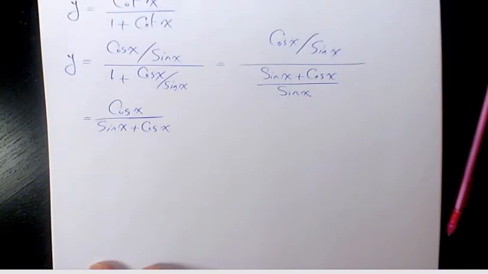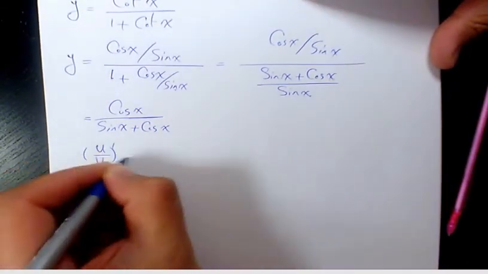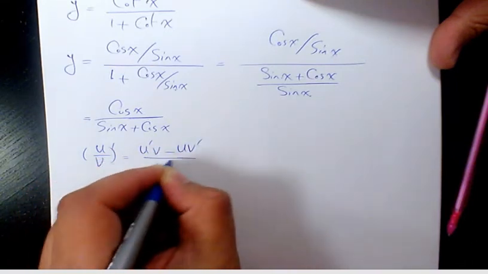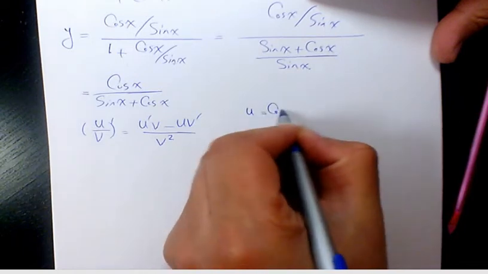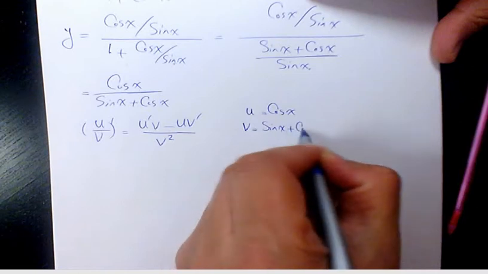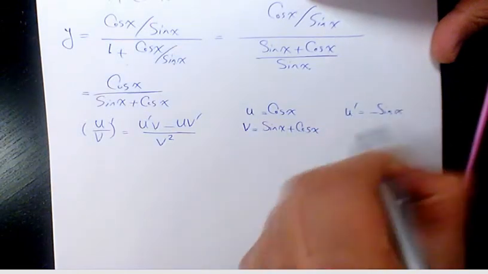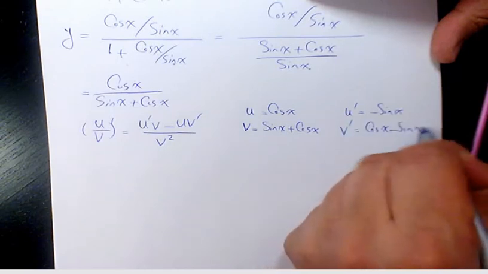Now let's find the derivative. u over v is going to be u prime v minus u v prime, divided by v squared. In this case, u is cosine x, v is sine x plus cosine x. u prime is negative sine x, v prime is cosine x minus sine x.